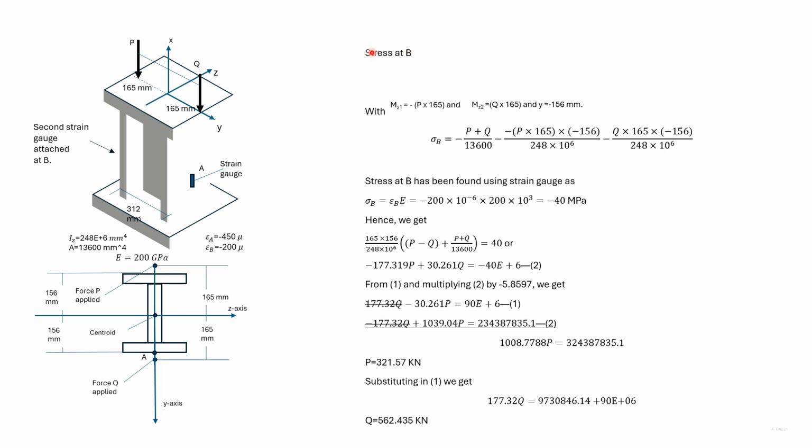So here both P and Q are negative, so we get F as minus bracket P plus Q. At this stage, we don't know the sign of the moment, so we write again the stress at B using this expression.